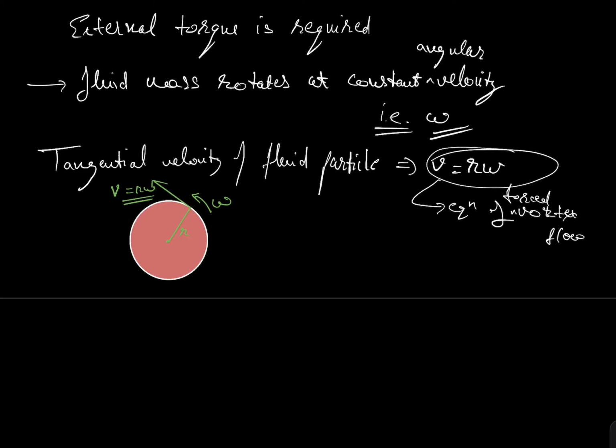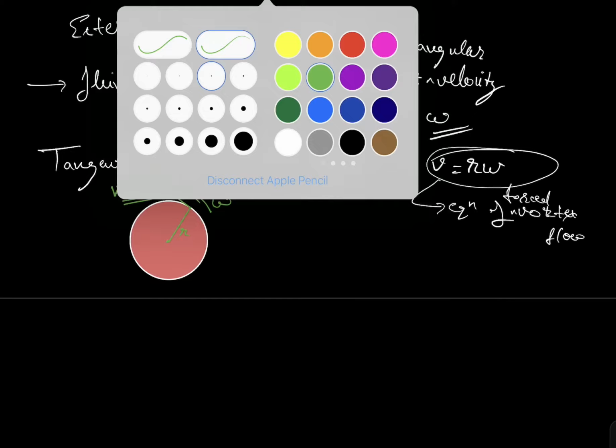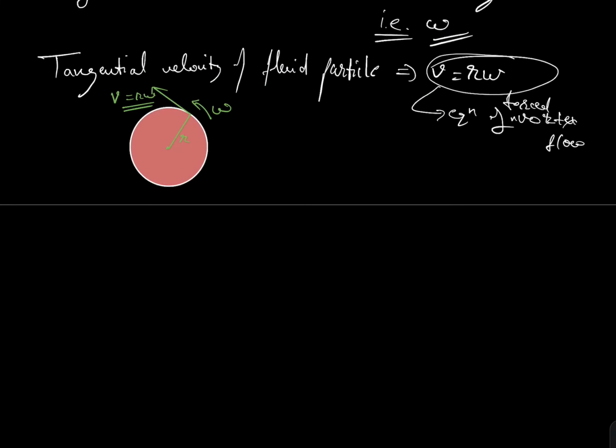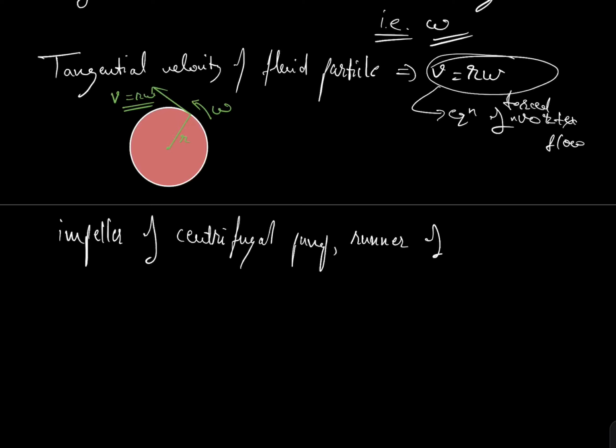Now what are some examples of forced vortex flow? Let's say the impeller of a centrifugal pump. Fine. Or the runner of a turbine.